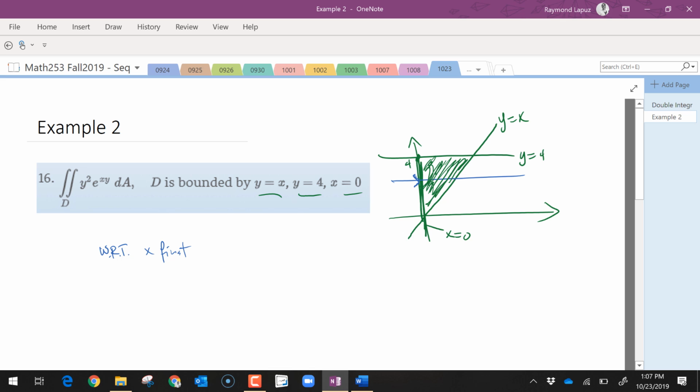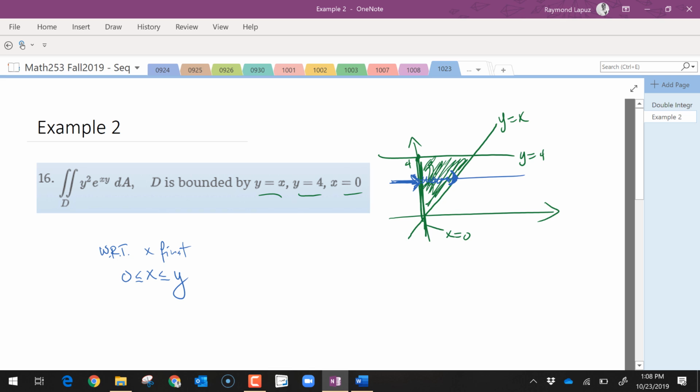And if I'm integrating with respect to x first, I will need x limits. I need to know x equals what will be my entry point. I start entering when x is equal to 0, and then I'll be inside of the function. Now, I leave the function at x equals what? x equals y.